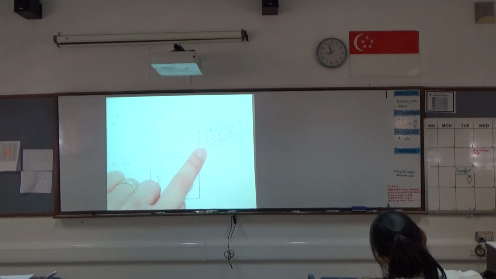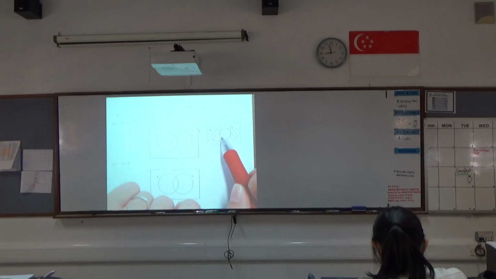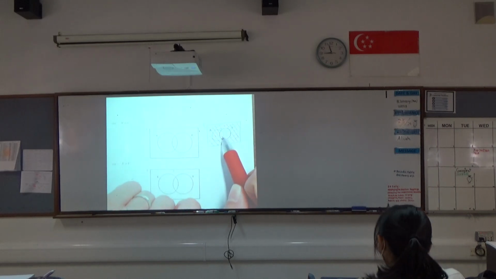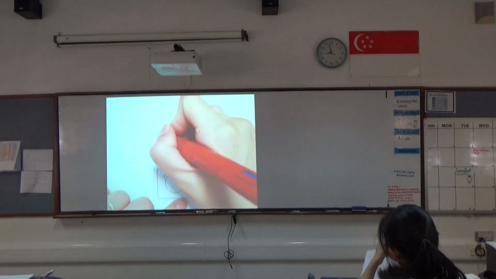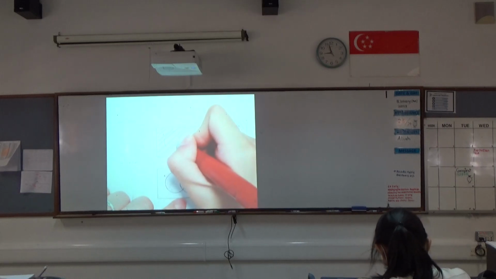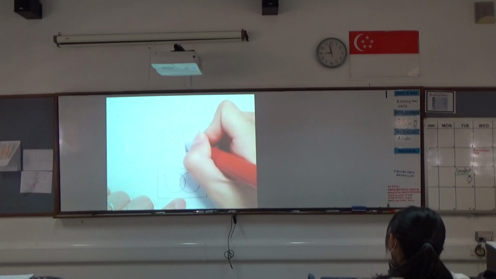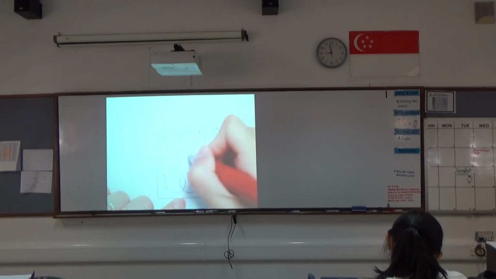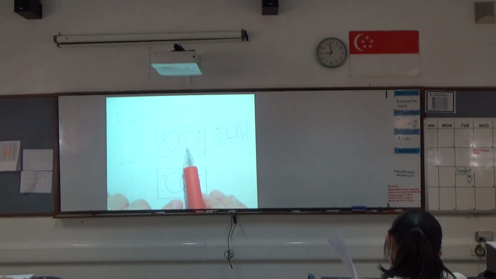That means everything that has been shaded at least once will be our answer. That means that the only blank that we should be seeing is this intersection, this overlap over here. And therefore our final answer should look something like this. So there should be a clear blank over here.